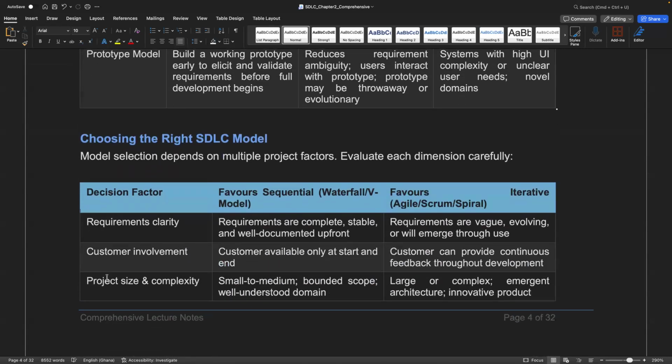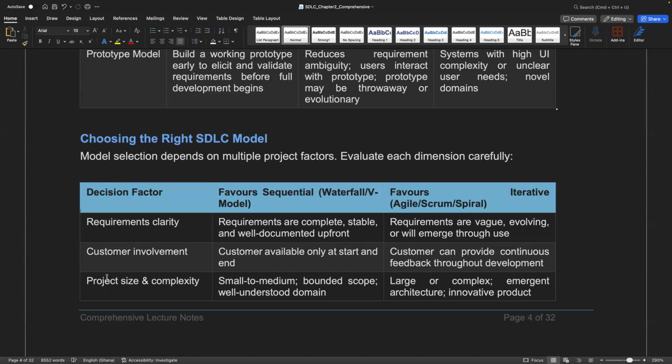Now, choosing the right model. Now we are being confronted with the GCTU case. GCTU, we found a contract. They say they want to build a school management system. They've given us the modules.